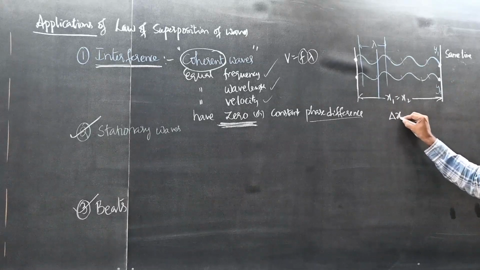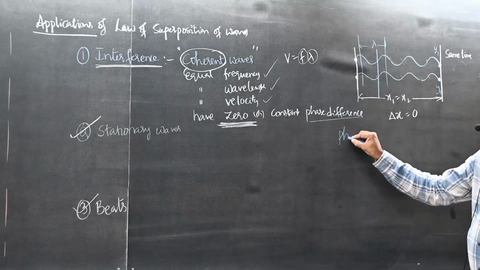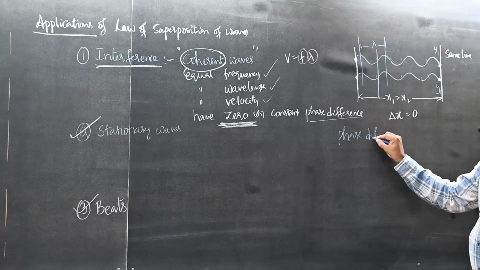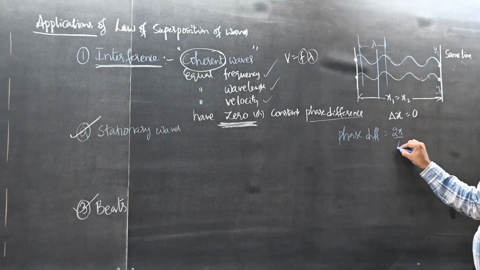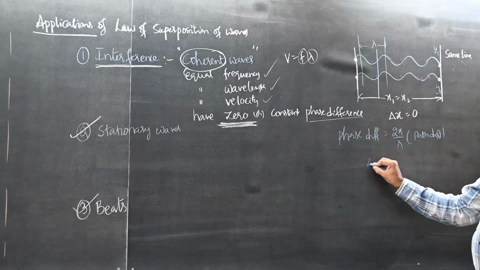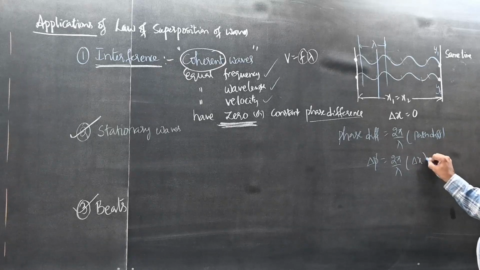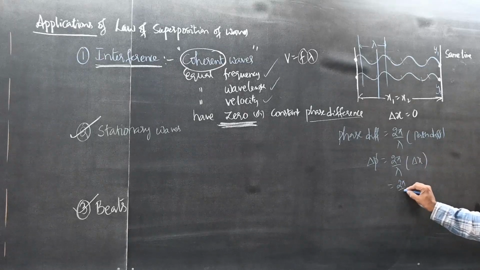What is the change in the path traveled? Zero. Yesterday I gave an expression. Phase difference is equal to 2 pi by lambda into path difference. Delta phi is equal to 2 pi by lambda into delta x. This is 2 pi by lambda.